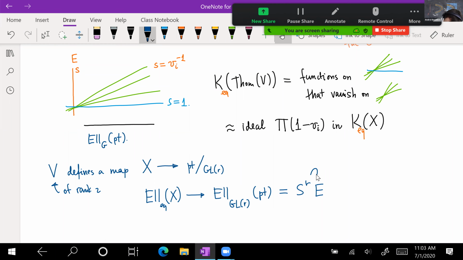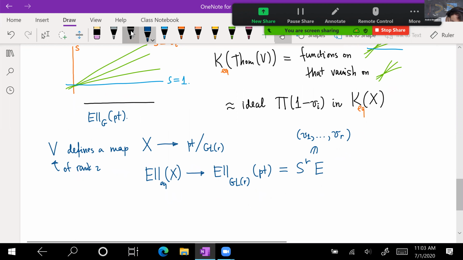So this is a point here, the point V_1 through V_R in E^R. All right. And so what we're pulling back is really, maybe we call this a Chern class. And so then this says that the Thom, well, kind of, maybe I'll write Thom sheaf.